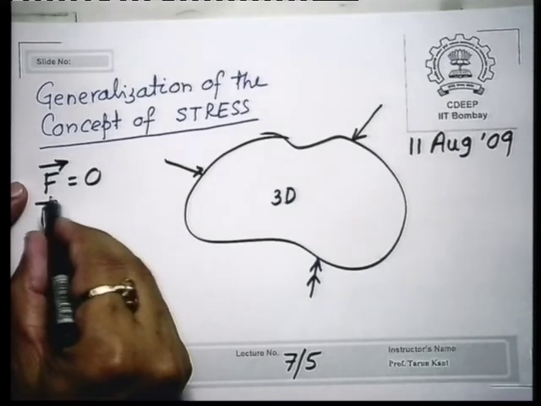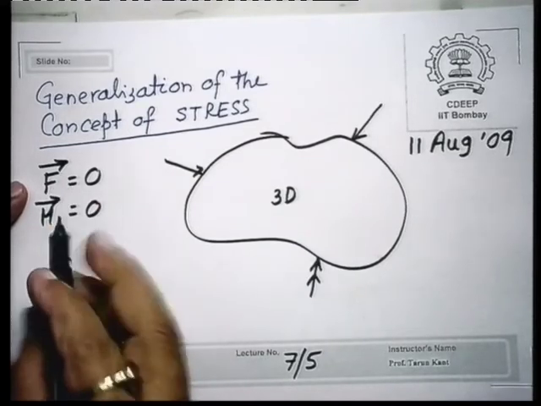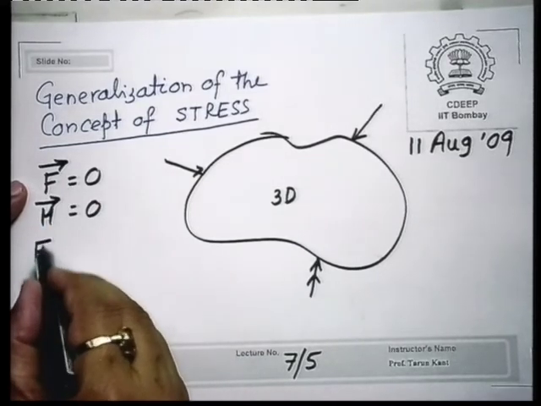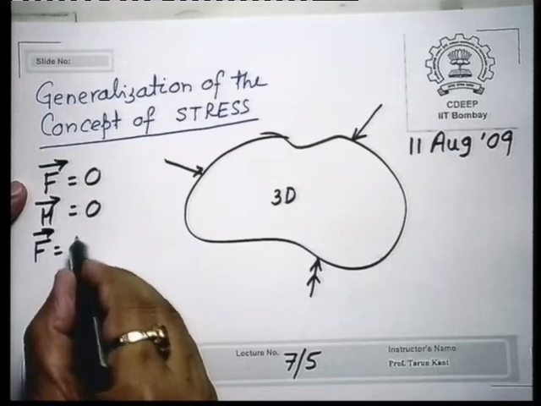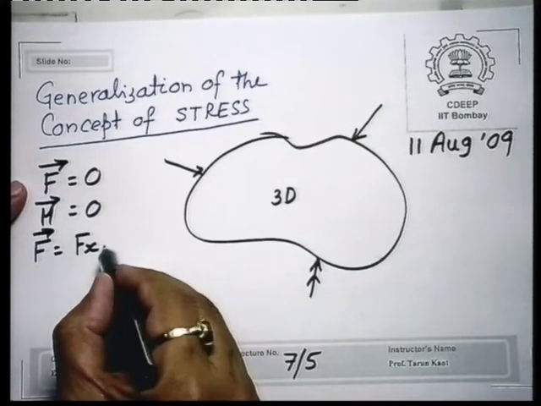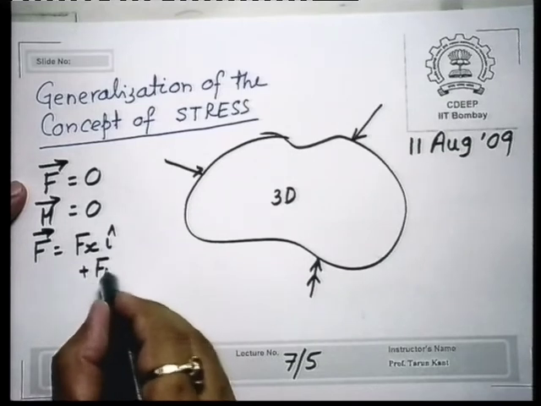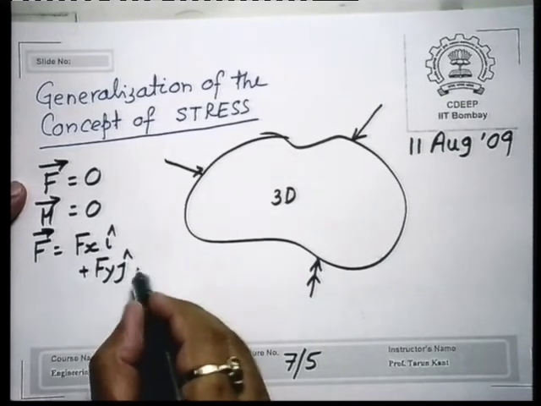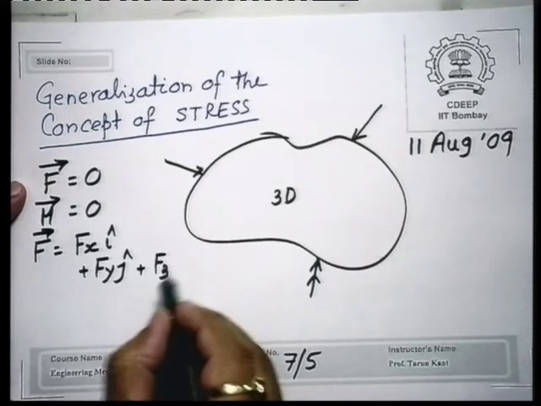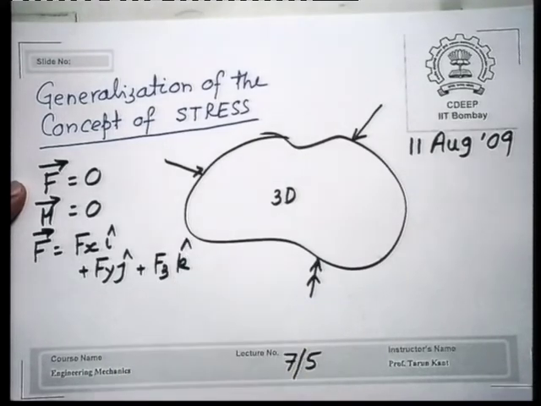this and this, and each one of these, because F is having 3 components, you can take the components of the forces in the 3 directions.